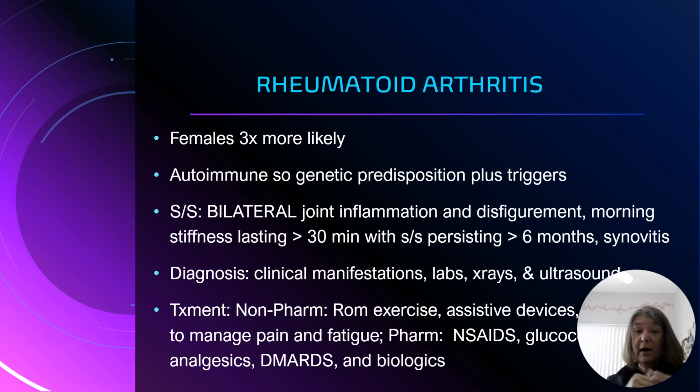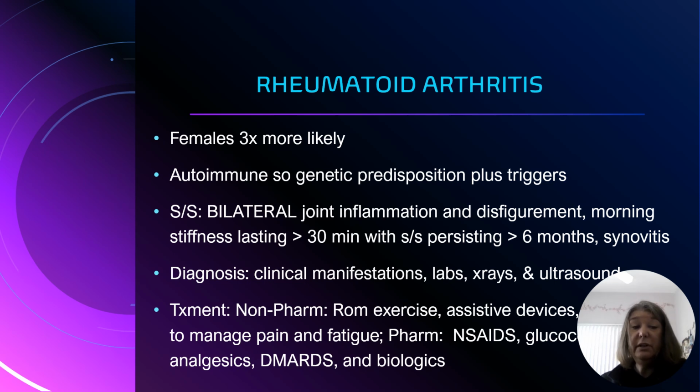Bilateral, first of all, and then in multiple joints. Clinical manifestations include joint pain, joint swelling, morning stiffness, and fatigue. Onset is often insidious, with vague complaints of joint and muscle pain that evolves into joint pain with synovitis. So that synovial fluid, you're going to get inflammation in between the joints, okay?